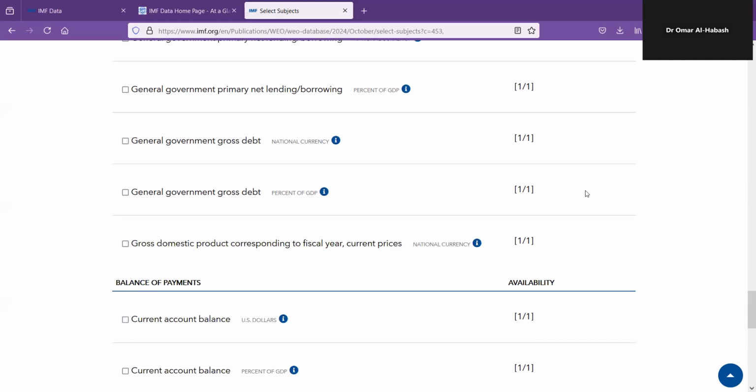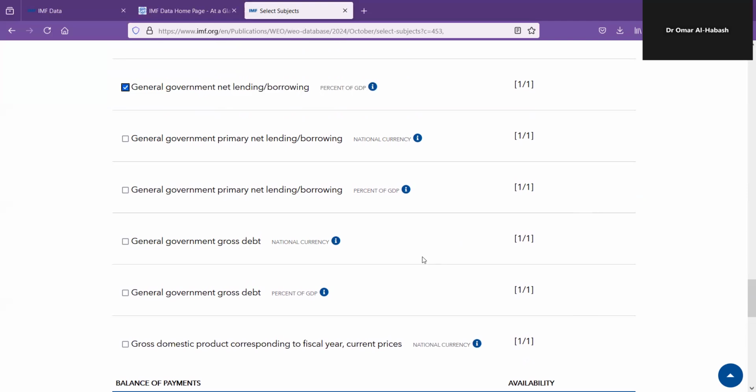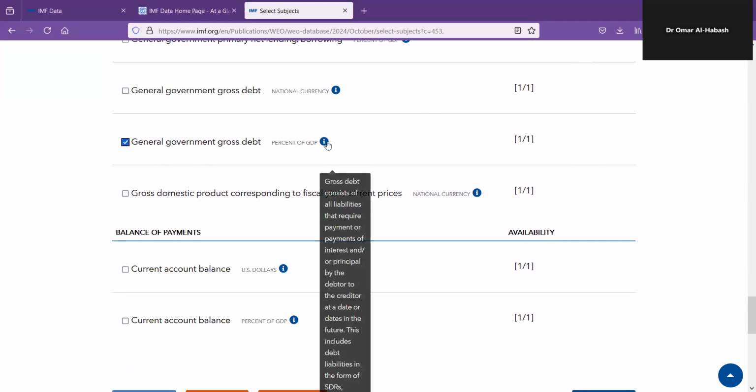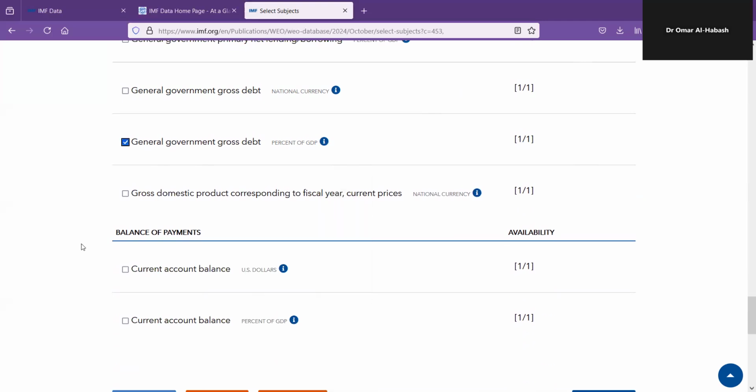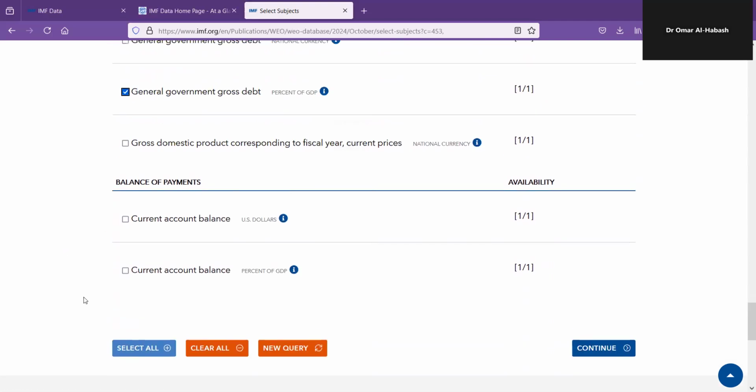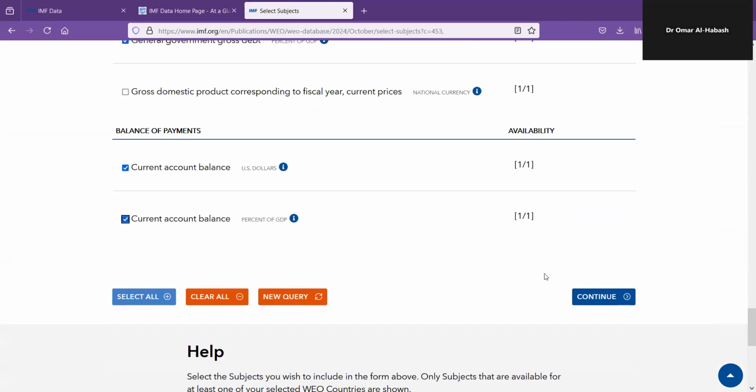We have also general government gross debt. Of course, you have definitions for each one of them, so you can just look at the definition. Then you have current account balance. Let's look at this as a percentage of GDP.